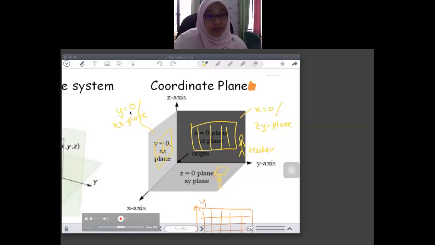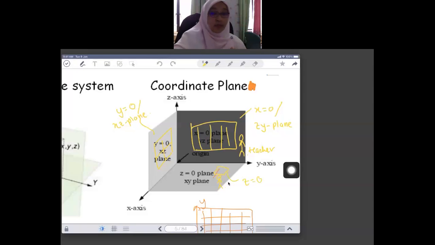But be careful when you use y0, x0, and z0, because if someone says I have y equal to 0, you have to make sure whether y equal to 0 is a line or a plane. It depends on what you are discussing. If you are discussing a curve, y0 is a line, which we call the x-axis, isn't it? But if you're talking about a surface, y0 is a plane, which is a coordinate plane.